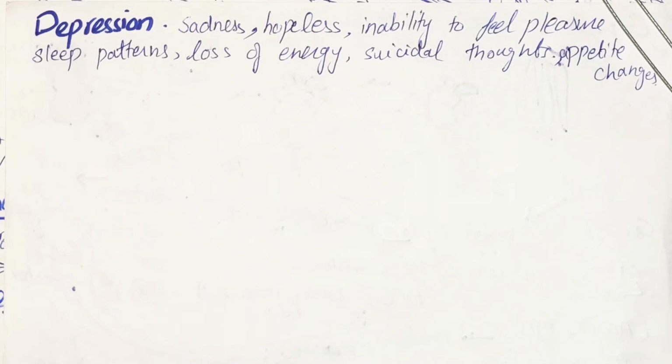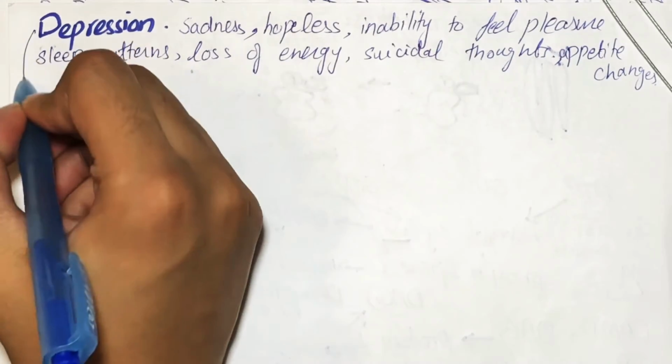If we talk about the pathophysiology of depression, what actually happens is that there is a decrease in the concentration or production of norepinephrine or serotonin.